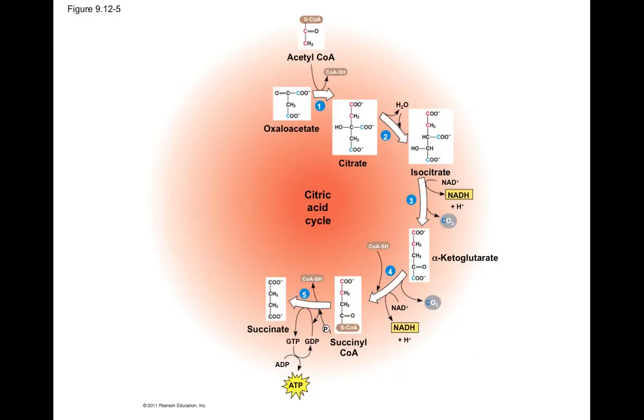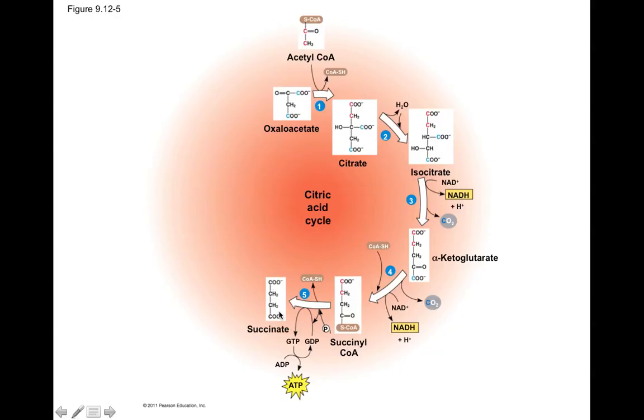Adenosine triphosphate is a nucleotide like adenine. GTP is just like ATP, and we can easily convert GTP into ATP. ATP is just a more useful currency of energy in the cell. So we get that molecule of ATP. We form that molecule of succinate.